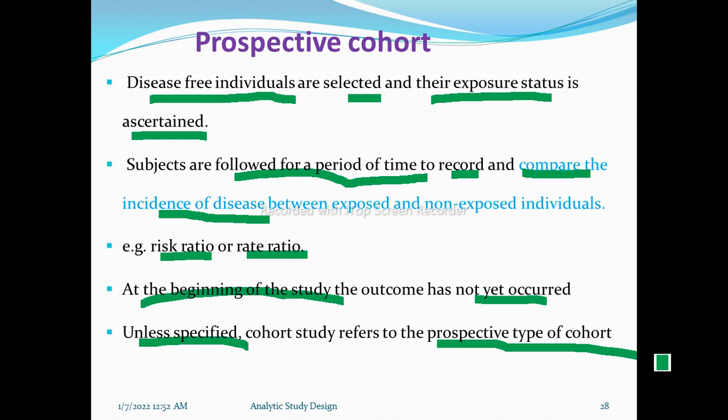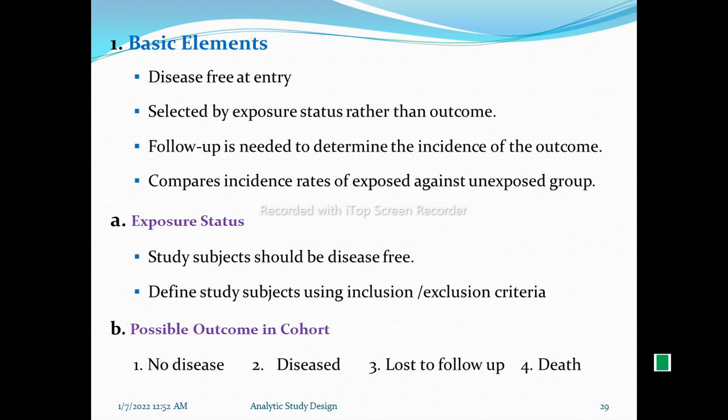So mostly retrospective will be written. If retrospective is not written and only cohort is mentioned, the cohort is prospective cohort. In this PowerPoint also, if we say cohort, that is prospective cohort.